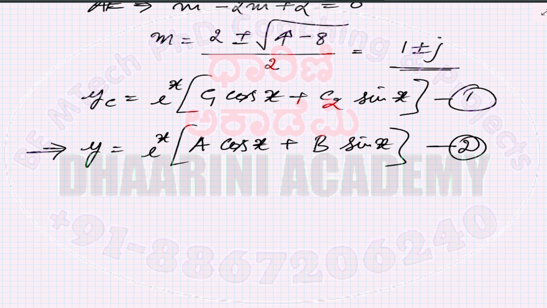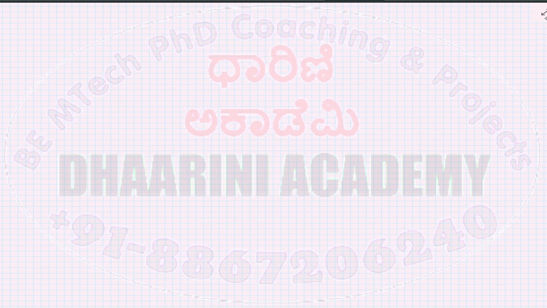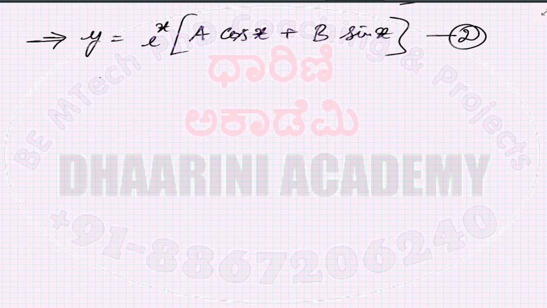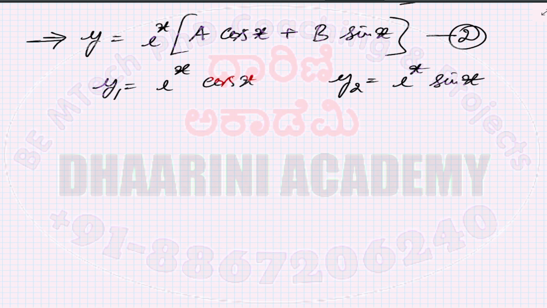So observe that we have to write down the required values to calculate the values of a and b. So I need y1. y1 is e to the x cos x. y2 is equal to e to the x sin x. Let's write the y1 dash. y1 dash is equal to, it's a product.